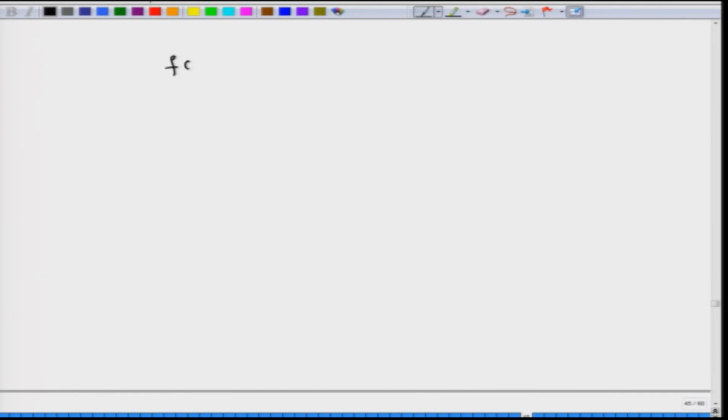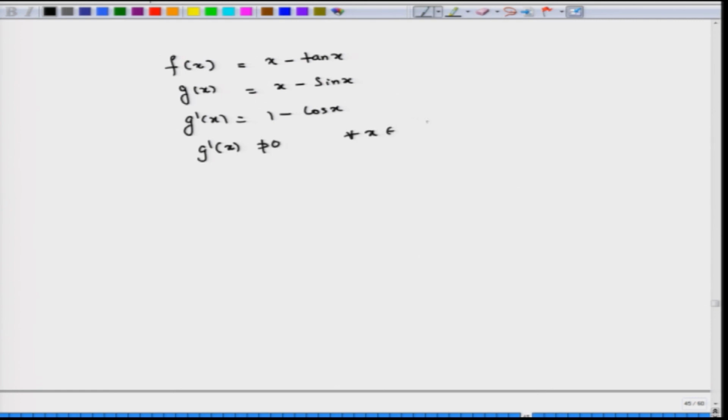So, let us get back to our example where f of x is equal to x minus tan x, and g of x is equal to x minus sin x. Now, as you can see, g prime of x is equal to 1 minus cos x. So, therefore, on a deleted neighborhood of 0, g prime of x is not equal to 0 for all x belonging to (minus delta, delta) excepting the point 0.